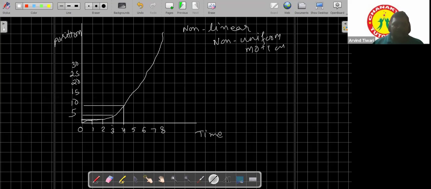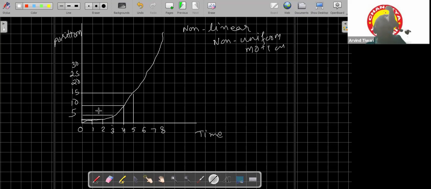So here the object is not traveling equal displacements in equal intervals of time. In the first second it has traveled a displacement of about 2. In the next 1 second, a very small displacement. In the next 1 second, a little bit more displacement. So on, these displacements are different, and hence this motion is non-uniform.